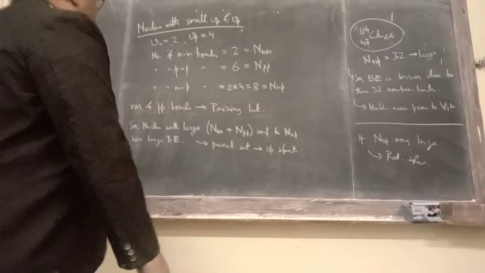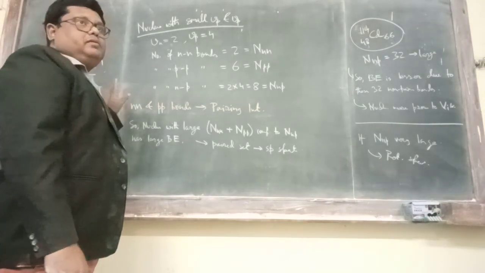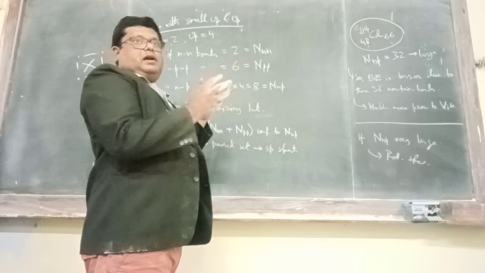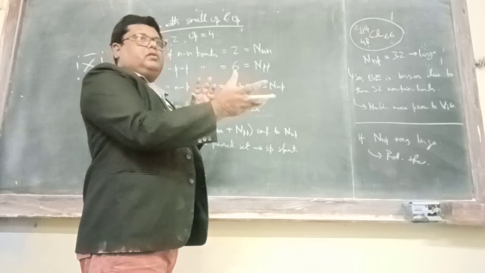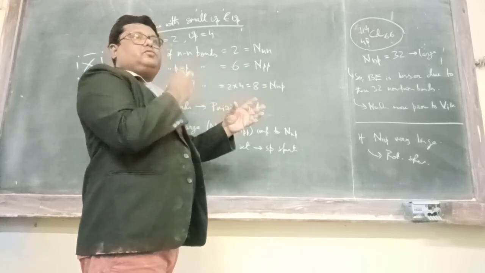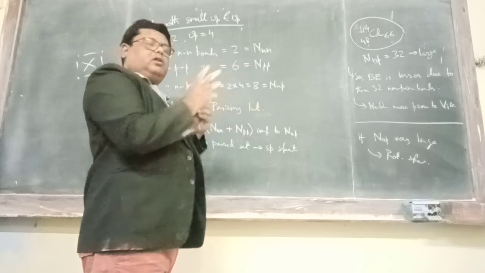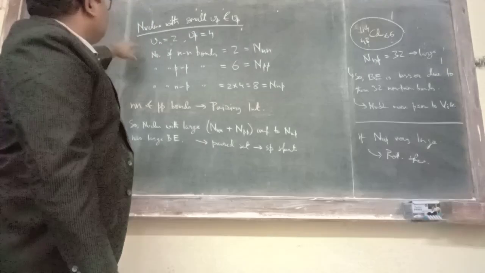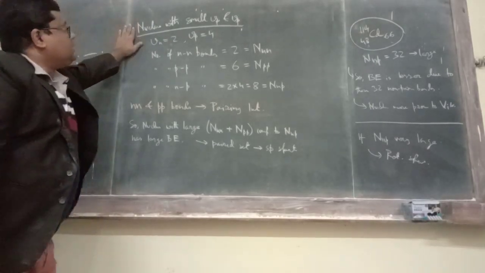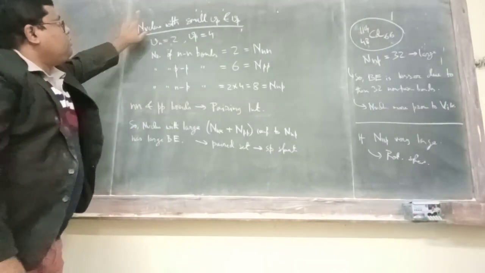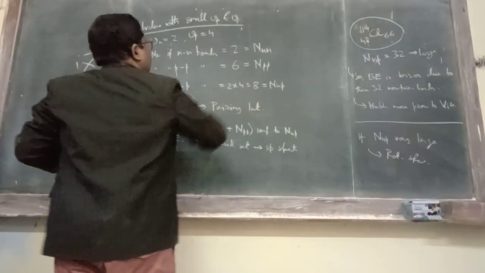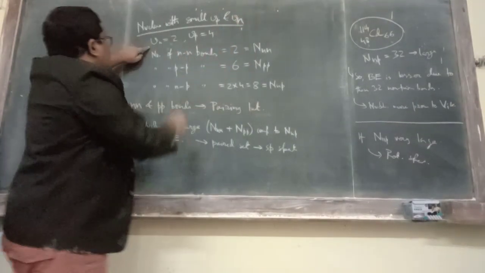Okay. Now, what's the reason for small valency neutrons and large valency protons, or small valency protons and large valency neutrons? What's the reason? Let us consider a nucleus with small Vp and Vn.